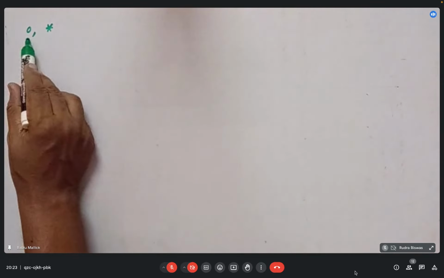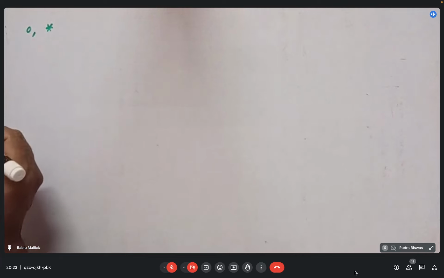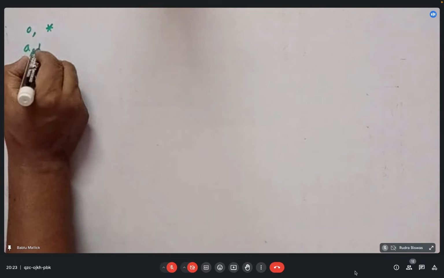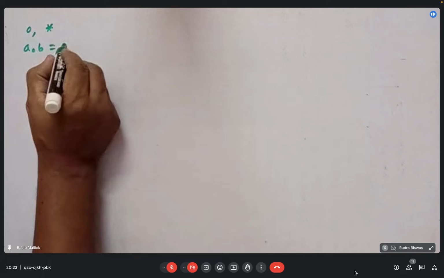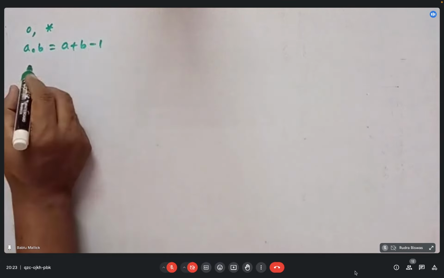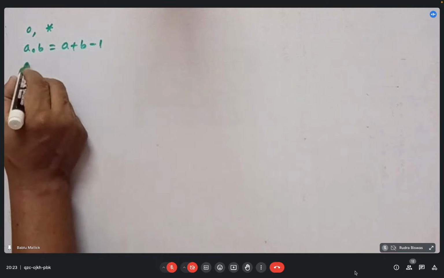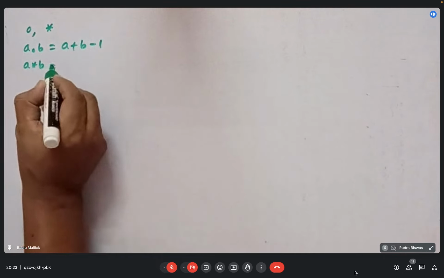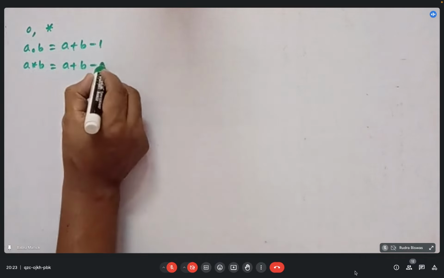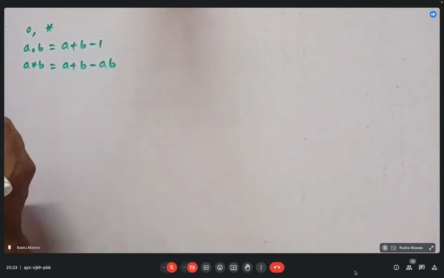This is the first composition, this is the second composition, where a O b is equal to a plus b minus 1 and a star b is equal to a plus b minus a into b.